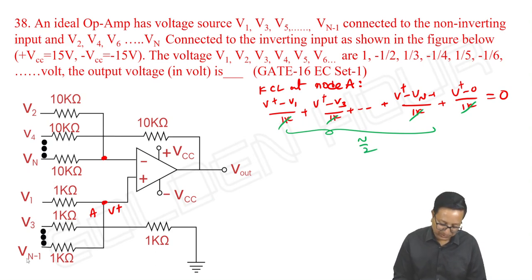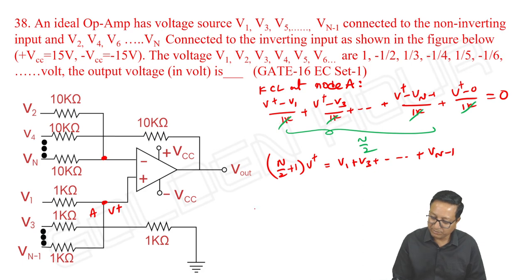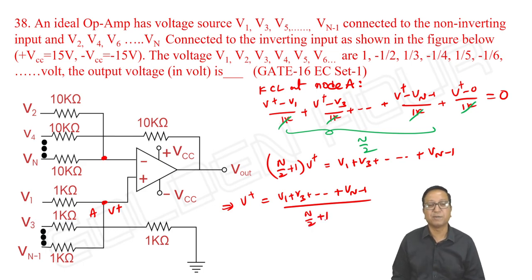So further I can write n by 2 plus 1 into V plus is equal to V1 plus V3 plus so on plus Vn minus 1. So V plus is equal to V1 plus V3 plus so on plus Vn minus 1 by n by 2 plus 1. Keep it aside.